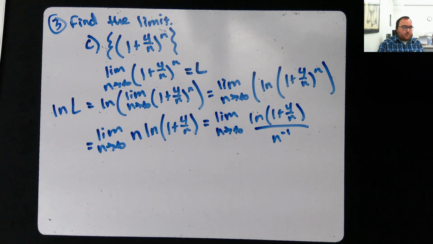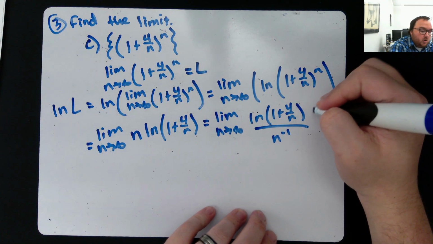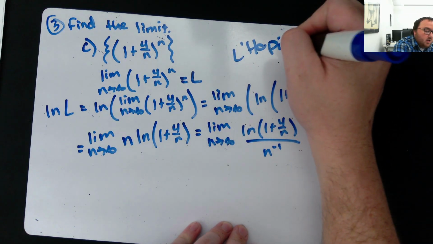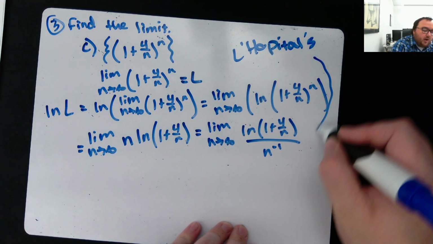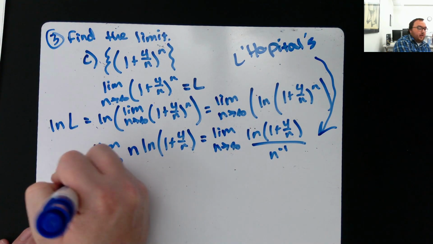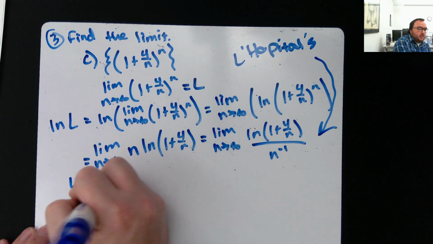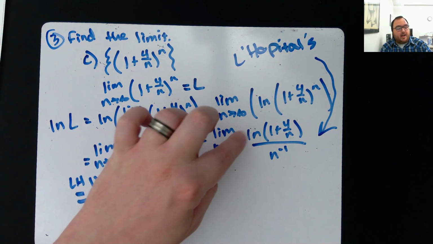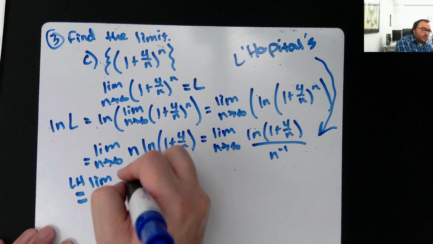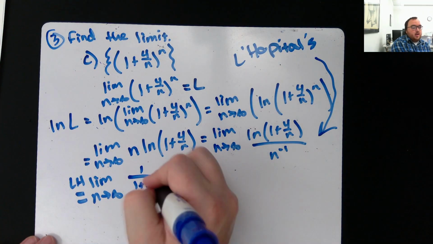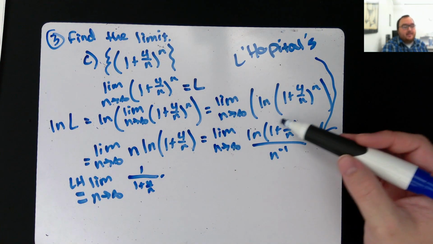Now that I have it in this form, I can use a concept from Calculus 1, L'Hopital's rule. I'll write it up here. Remember, what this says is that I can take the derivative of each part. So the derivative of the top: the derivative of a natural log is 1 over that stuff, so 1 over (1 + 4/n), times the derivative of the inside stuff.